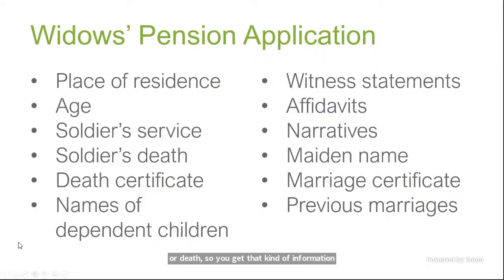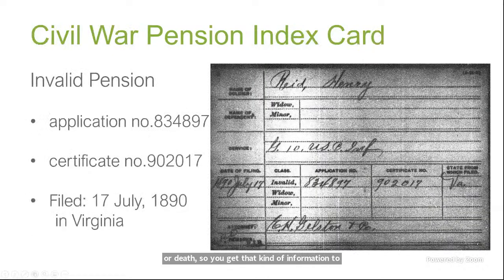Let's take a look at some pensions. This is a pension index card. Now, these index cards were created for pensions up to 1916. You will see cards like this. These cards serve as an index. So on these cards, let's blow it up and look a little closer.